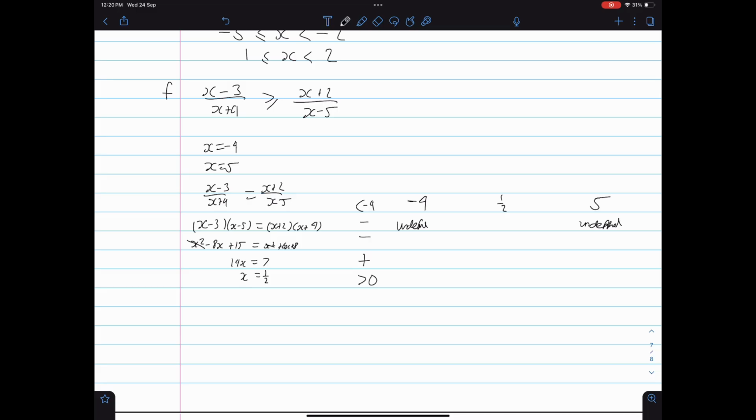Then between negative 4 and half, you've got a positive on the bottom, but you're still going to have a negative on top. So you get a negative, less than 0. So we don't want that. Okay, half. We know that's the point where it all equals 0. So that's a tick, that's when they're equal.